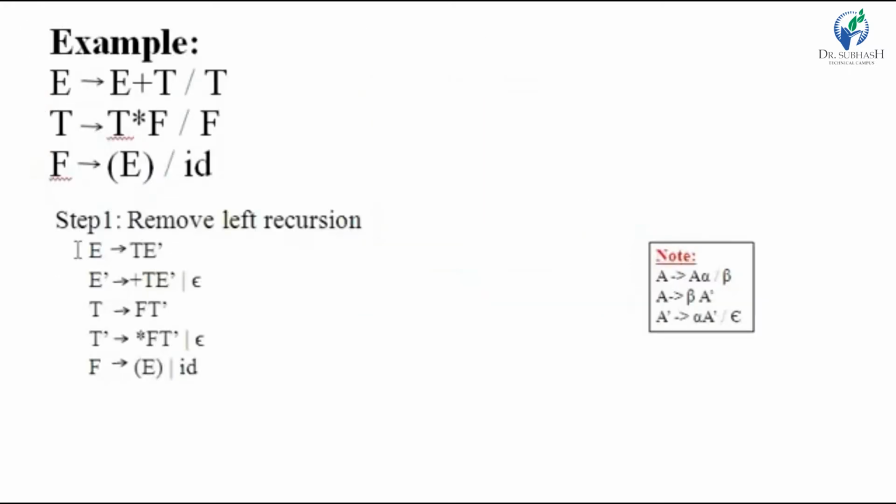So first of E is equal to first of T E dash. So first find first of T.